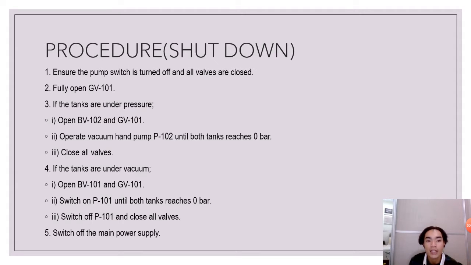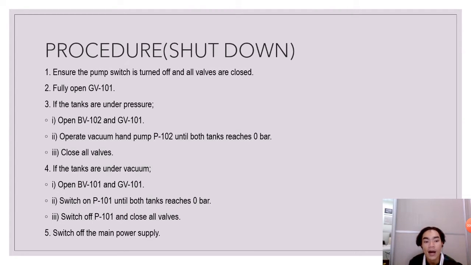Now is the shutdown procedure, the set of procedures that need to be done before we finish the experiment. We have to ensure the pump is turned off and all valves are closed. Next, we have to fully open GV101, and if the tanks are under pressure, we have to open two valves, VV102 and GV101, and operate the vacuum hand pump until both tanks reach 0 bar, and then we can close all valves.